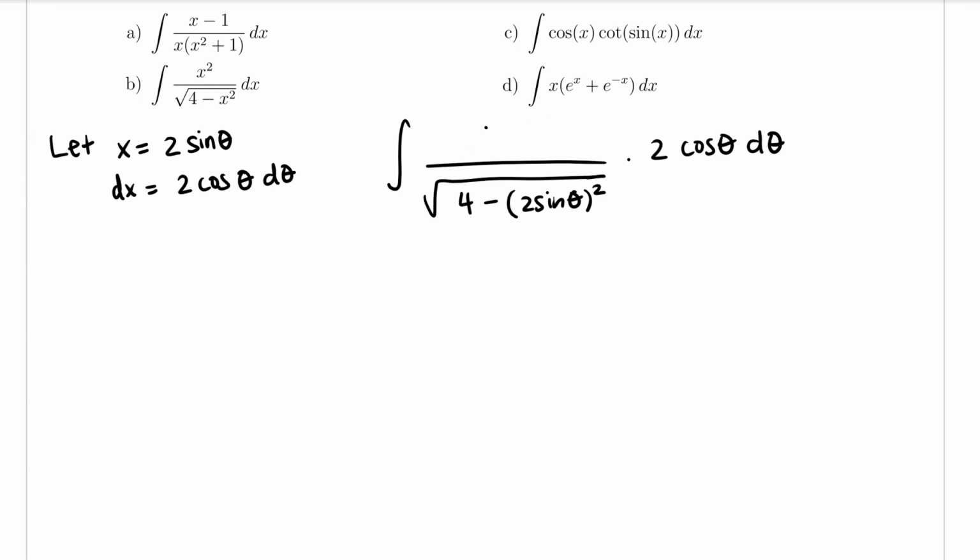If I square this term, that is going to give me 4 sine squared theta. And then here, same thing, underneath the square root, that would be 4 sine squared theta. And also underneath the square root, we can factor out a 4 from both terms. And 1 minus sine squared theta, using the Pythagorean identity, we can rewrite as cosine squared theta.